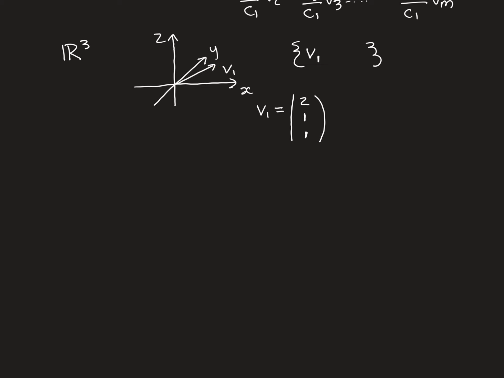Now, this vector has a span. So if you haven't seen this concept of span before, span means all of the vectors that you could get to in the vector space R3 by taking linear combinations of your vectors. And because we've only got one vector, linear combinations just means all linear multiples. So consider all things of the form C1 V1, where C1 is allowed to equal any real number.